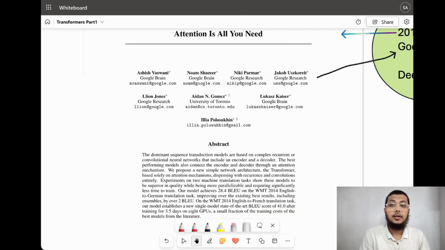And the weirdest thing about this paper is that generally research papers are a little incremental.